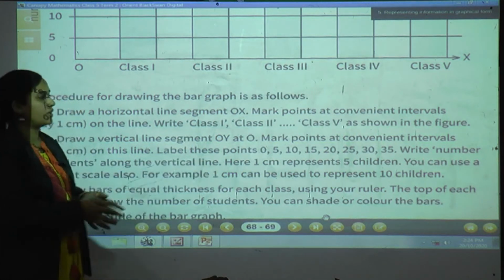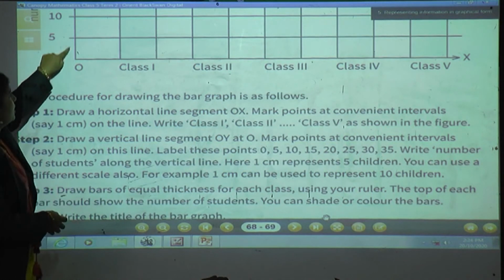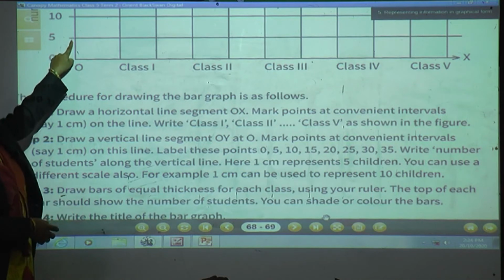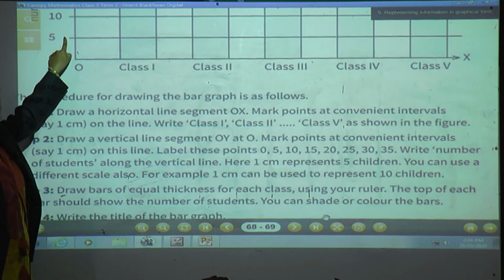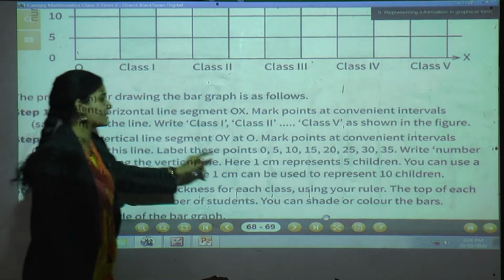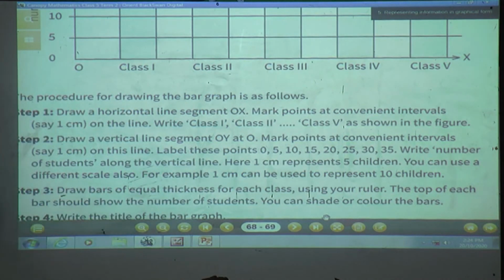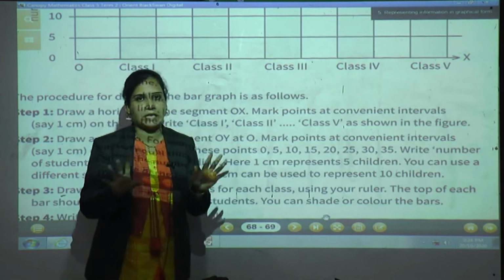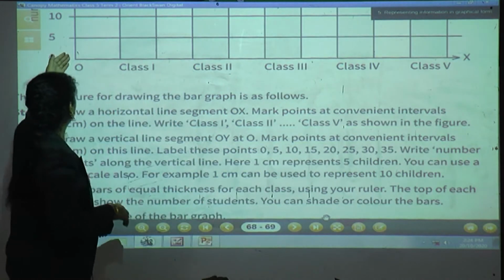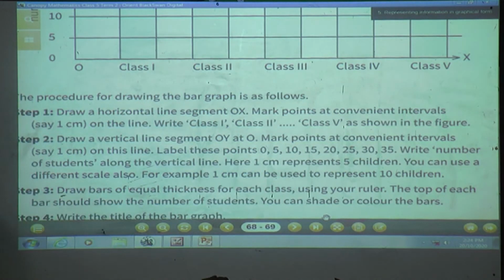Here 1 centimeter represents 5 children. Here this is a 1 centimeter scale, but here 1 centimeter shows 5 children, isn't it? So this is our scale. You can use a different scale also. For example, 1 centimeter can be used to represent 10 children, but here 1 centimeter means 5 children.